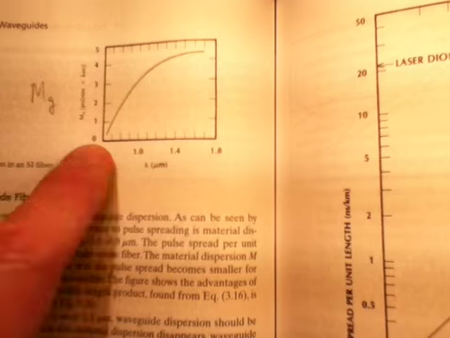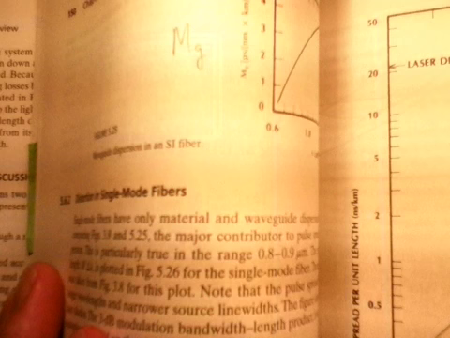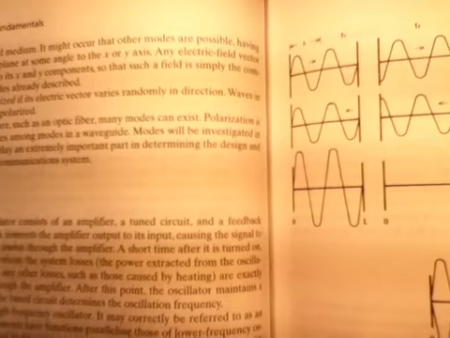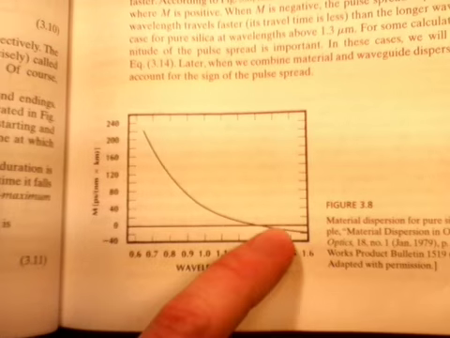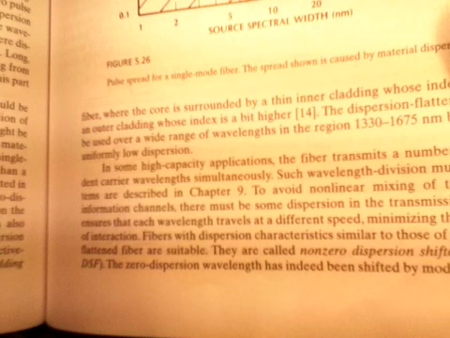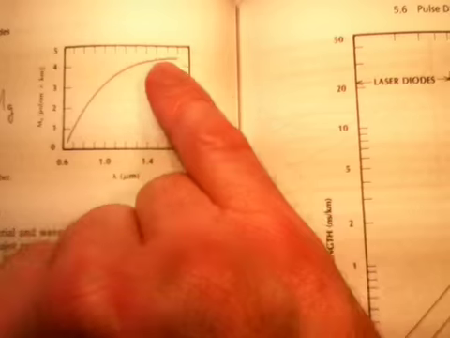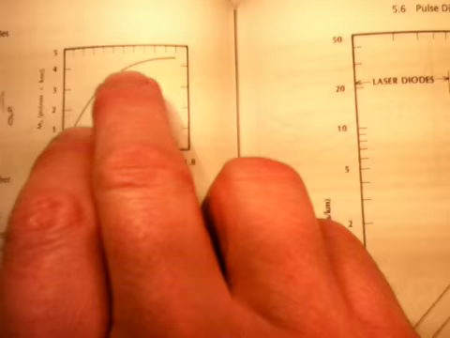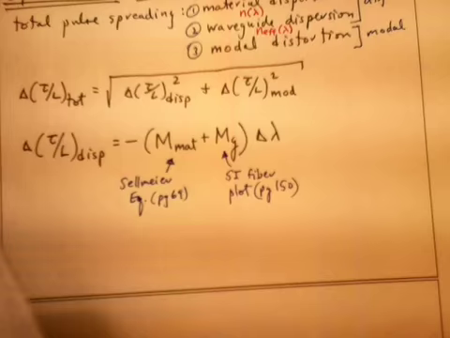And this is always positive, and so up in this range of 1.5 to 1.7 microns, what we're seeing is that the material dispersion is negative in that range at 1550, whereas the waveguide dispersion is positive in that range up at 1550. And so the waveguide dispersion tends to shift the zero dispersion point a little bit further up from 1300 nanometers when we have a real optical fiber.